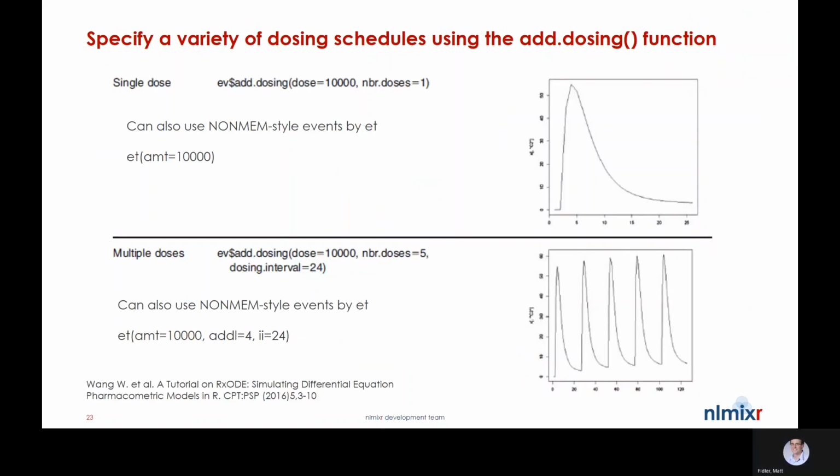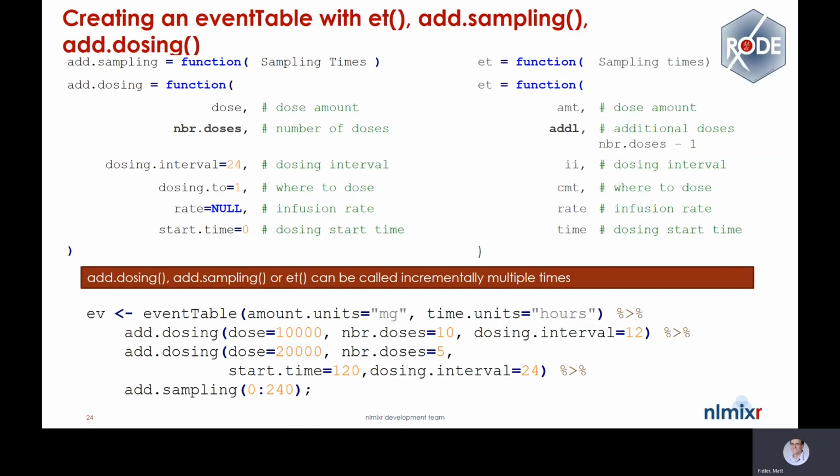Just as a brief aside, we can actually specify doses and new dosing scenarios if we want to simulate them. If we want to simulate a side-by-side comparison and have comments on what they do. If you have an event table, you can access the add.sampling and add.dosing functions with a $ interface.